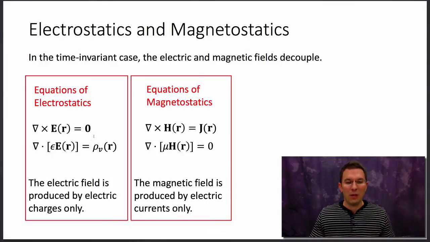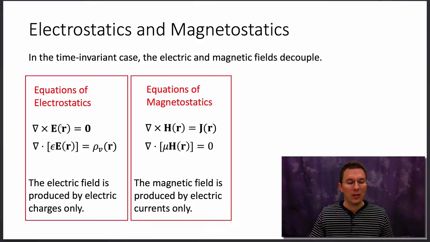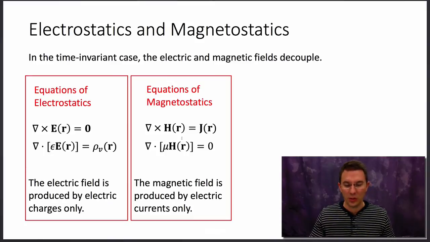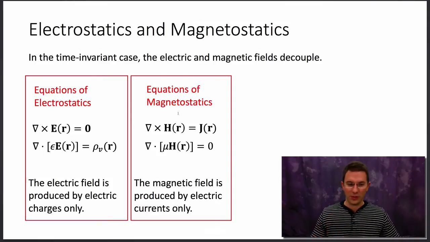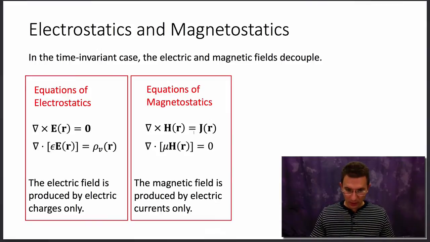If there is a magnetic field, it doesn't have anything to do with the charge distribution. In other words, this electric field here does not depend on whatever magnetic field may exist over here on the magnetostatic side. If you go back to the previous slide and gather the two equations that involve the magnetic field, it's this one. This is Ampere's law. This magnetic field here is generated only by this magnetostatic current.